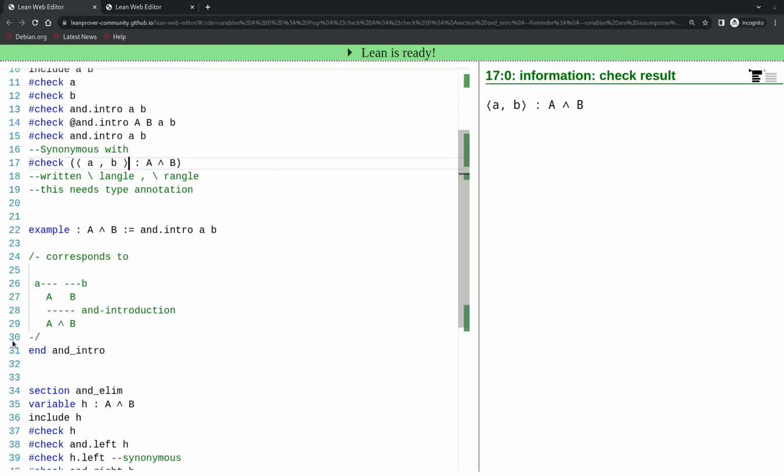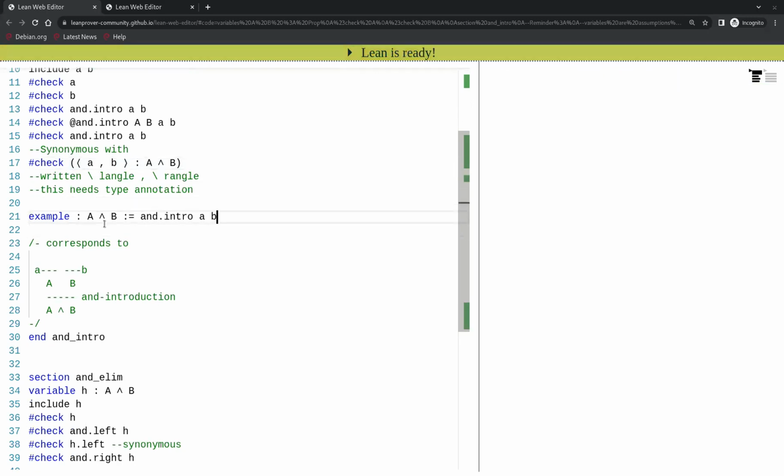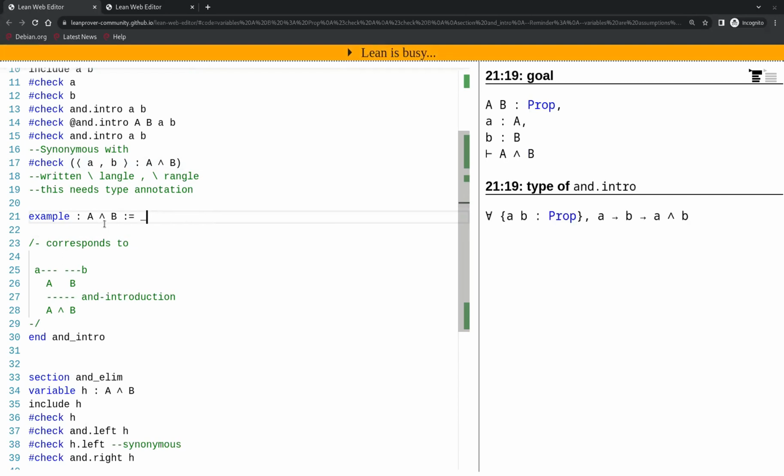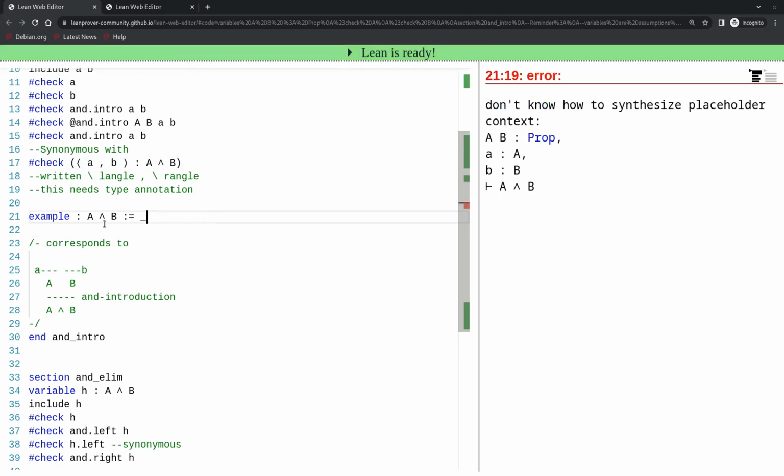Now we know how to prove this. Let's see what this looks like in the middle of a proof. Say we are in the middle of a proof and our goal is A and B. And for some reason, we have a proof of A and a proof of B. How do we do that in an interactive proof?